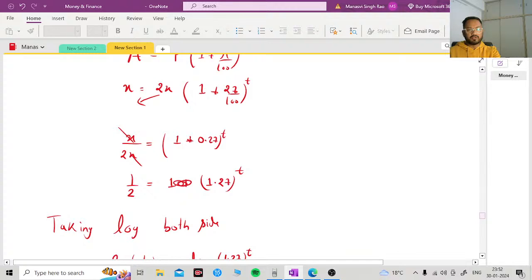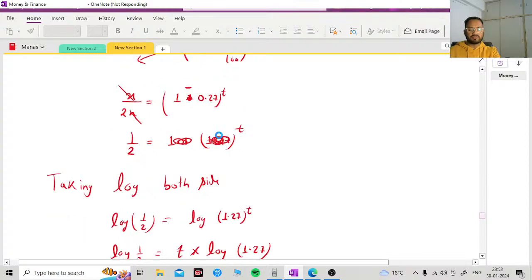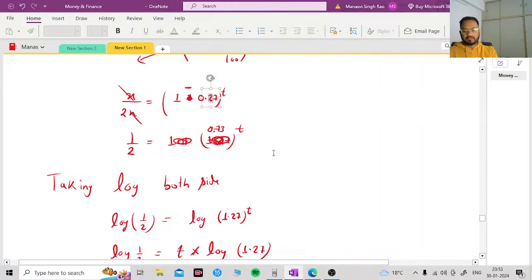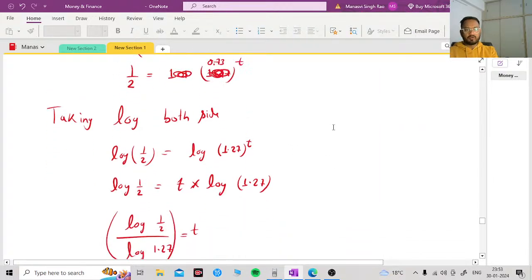So we'll write 1 minus 0.27, it is 0.73, right? We are subtracting because it is depreciating.